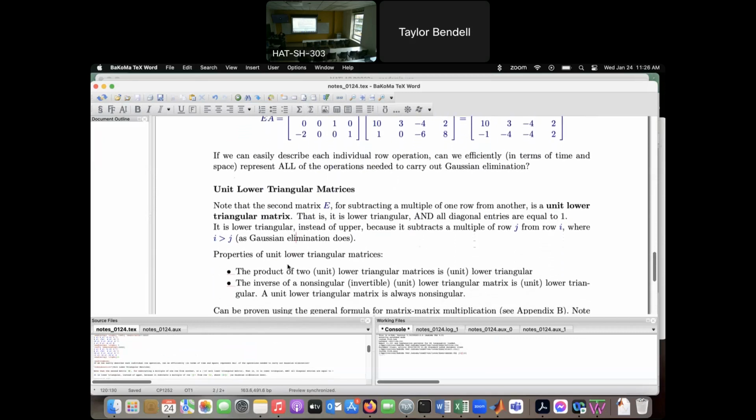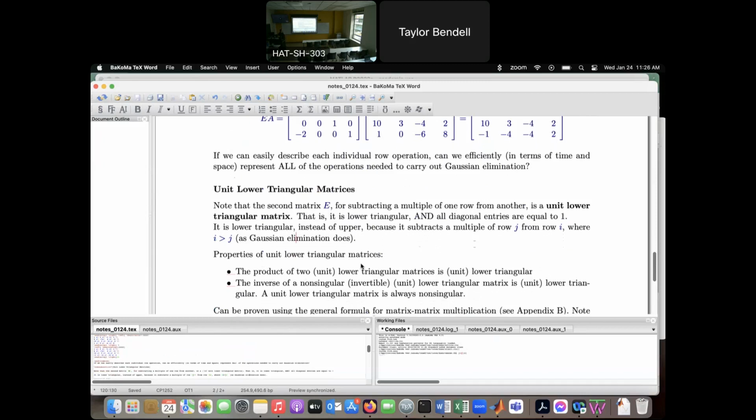Now here are some properties of unit lower triangular matrices. If you multiply two such matrices, the product is also unit lower triangular. In general, multiplying matrices preserves triangularity. If you have two upper triangulars multiplying, the result is upper triangular, and so on.